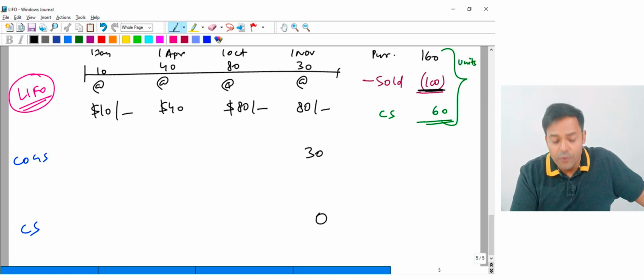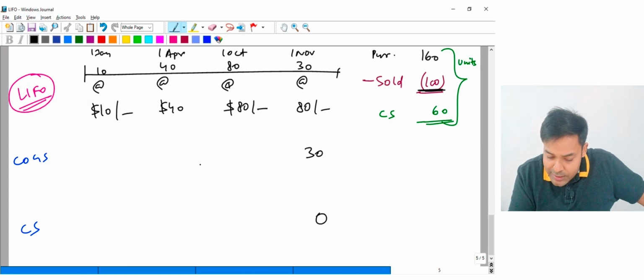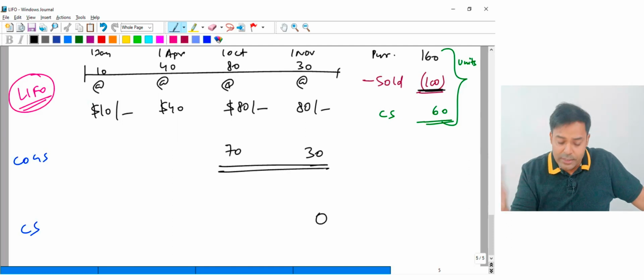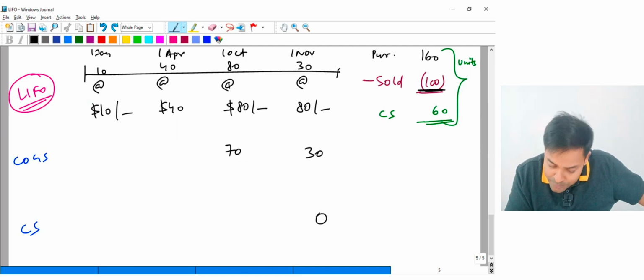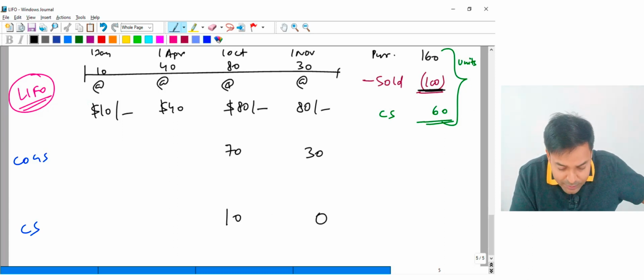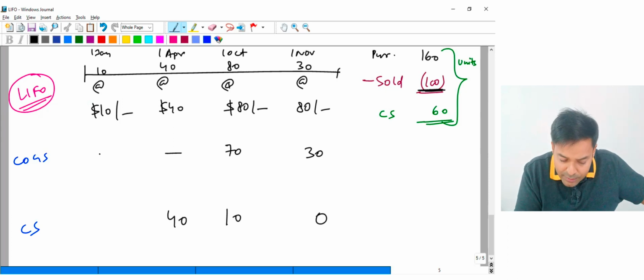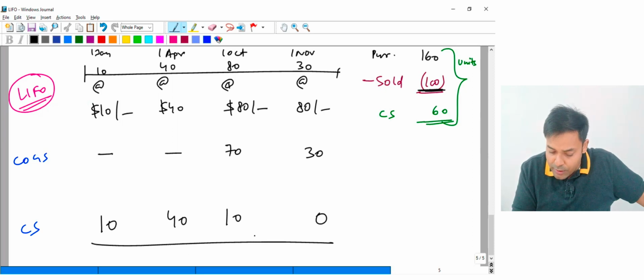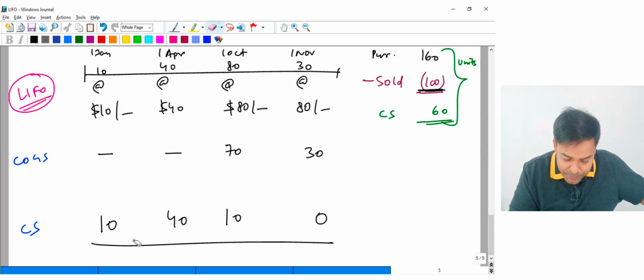Then you have sold from 1st of October. How much would you sell from here? 70 only, because you are selling only 100 units. So it's done, 70. What is closing stock? 10. Out of 1st April, nothing has been sold. This is going to be 40. Here, nothing sold, 10 is left. If you do the total, it should match. It is 40, 50, 60, matching.